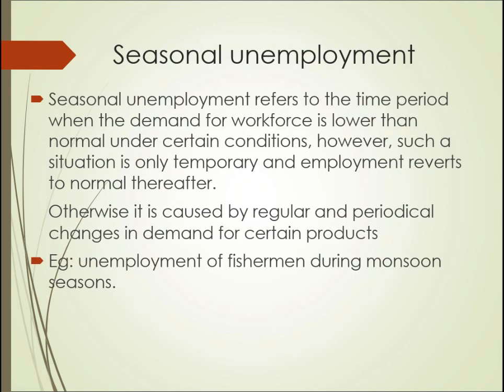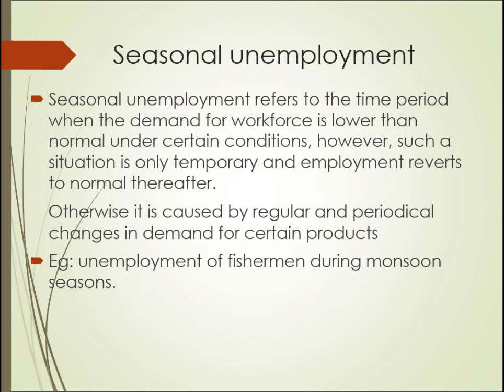So the first type of unemployment is known as seasonal unemployment. This type of unemployment results from certain conditions, such as during the off seasons a group of employees will become unemployed. For example, during monsoon season, fishermen usually become unemployed because they can't go to the sea. Or, during the monsoon season, those producing umbrellas or raincoats have high demand.